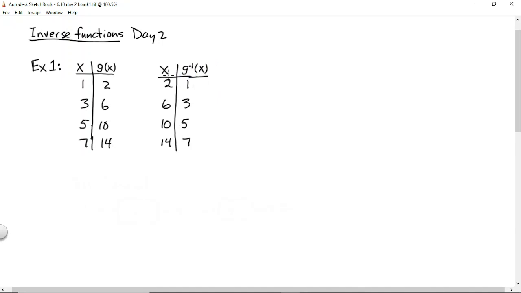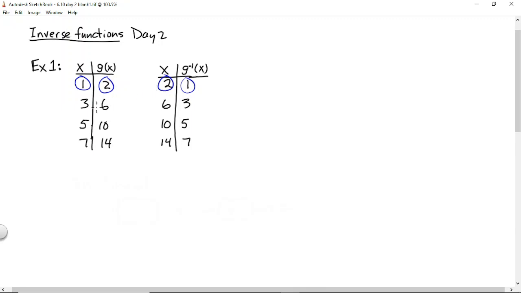So we see that when the function g has an input of 1 and an output of 2, the g inverse function, taking that same output of 2 and using it as an input for g inverse, gives you an output of 1.